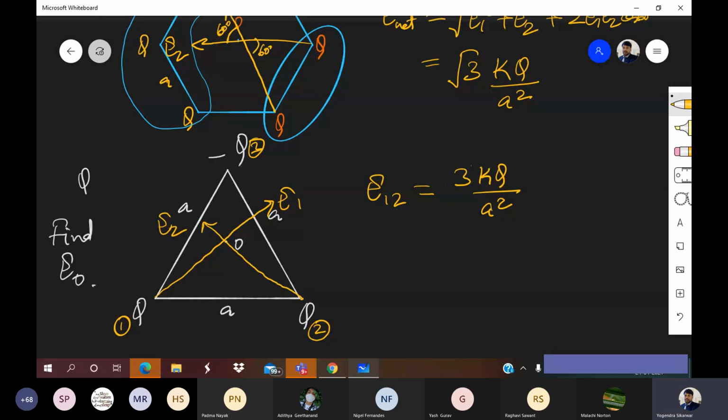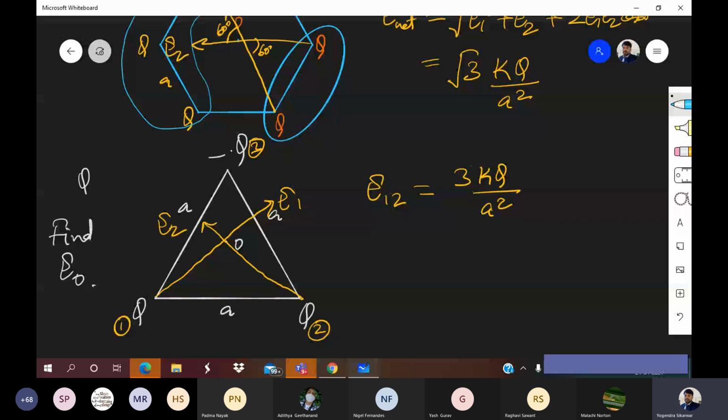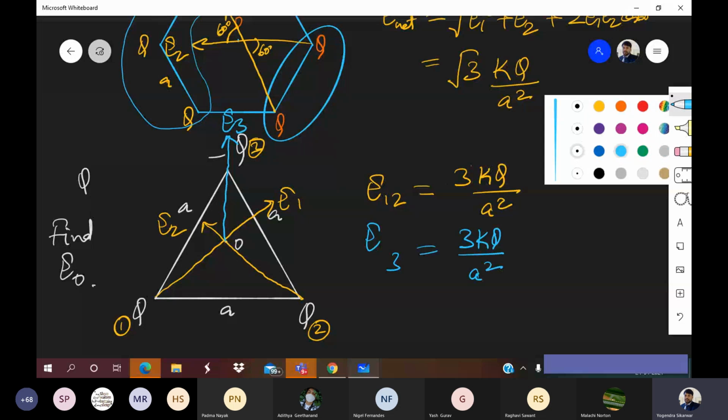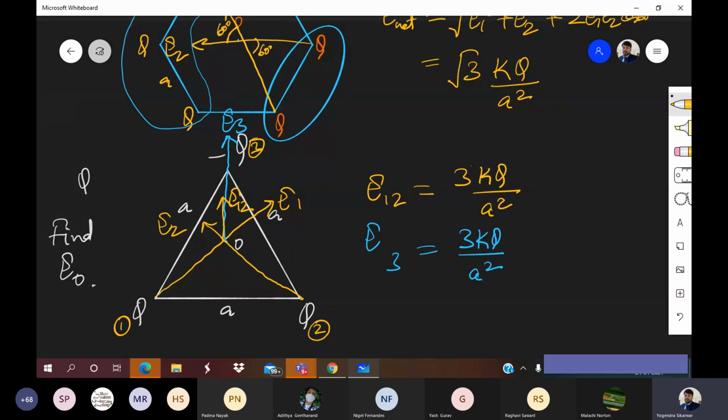I asked how, they said, sir, we have just solved, so you can refer to that. I said, okay, people have become smart. Now, due to this single charge, electric field will be E3. So E3 is also 3 KQ by A square. And they are saying, sir, E12 is in the same direction, E3 is also in the same direction.